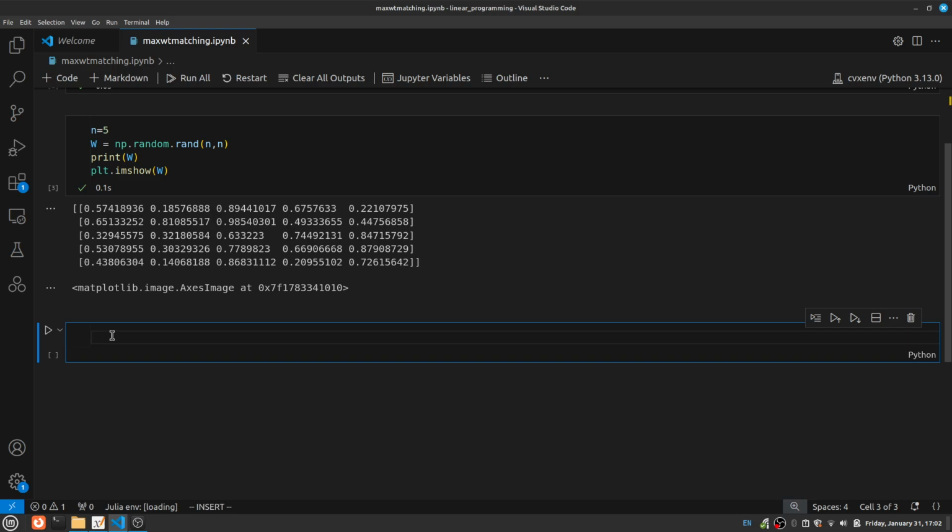Now let's try to cycle through all possible permutations and find the maximum weight matching. So let's define max weight, I'll set this equal to 0.